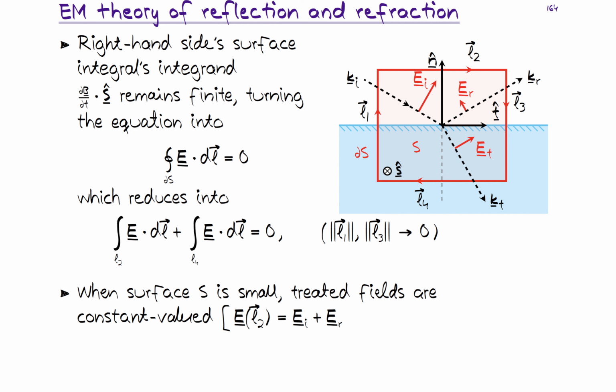So mathematically speaking, I could write that the field in every location on the line L2 is the total field there, the incident field plus the reflected field, and this is a constant valued field. Similarly, the field on the line L4 is essentially a constant field, and since we're inside the medium, we just need to make use of the transmitted field.